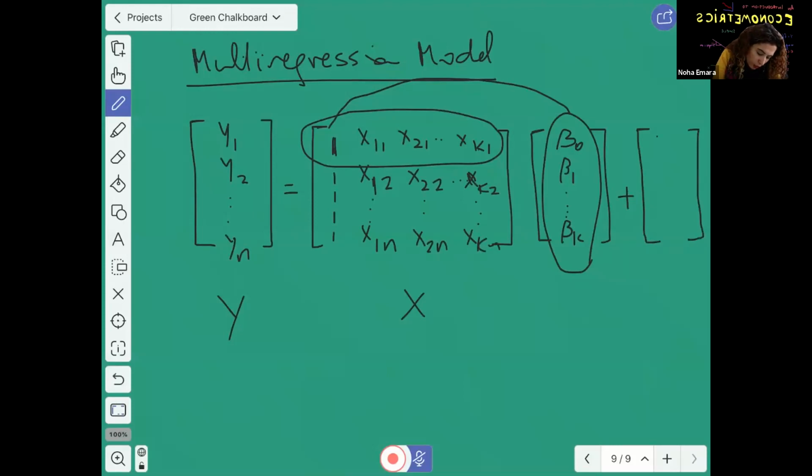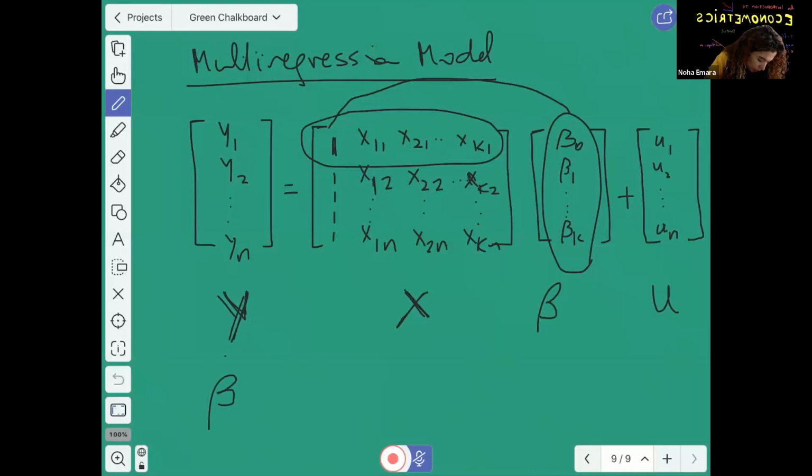So I have an error term for the first individual, for the second individual, and also an error term for individual number N, or equation number N. So you can always think about this as the vector of Y's, this is the matrix of X, this is the vector of betas, and this is the vector of error terms, okay?